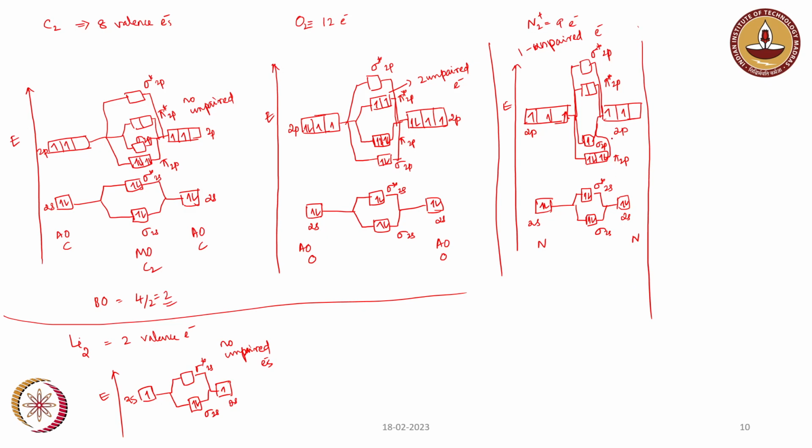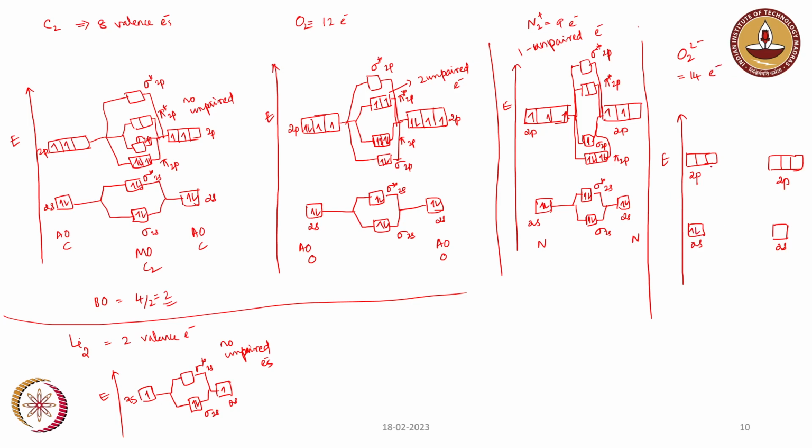And the next molecule was O2 2 minus. In O2 2 minus, there will be 14 valence electrons.